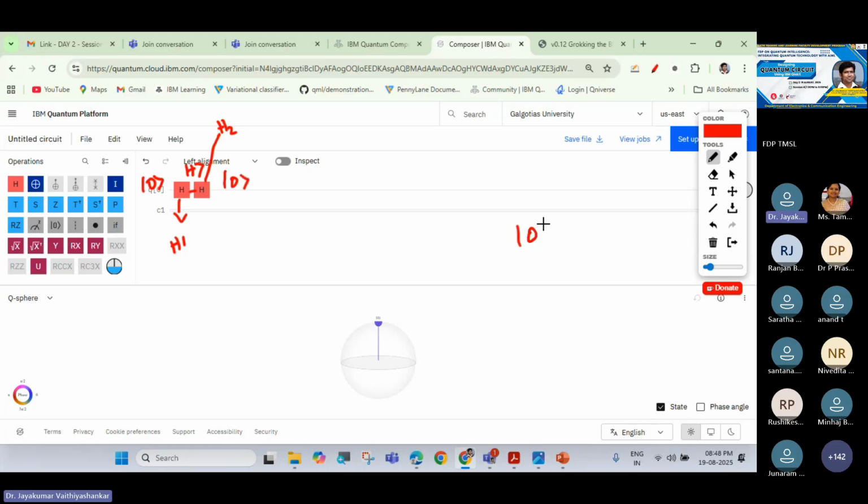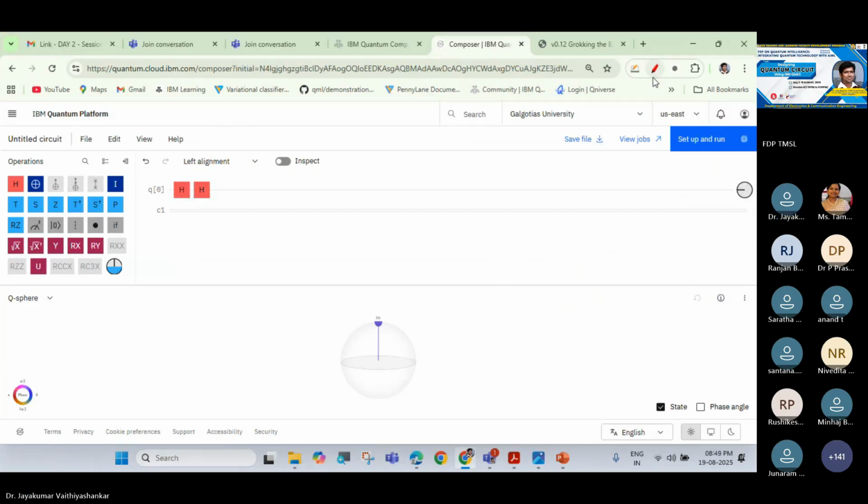So I will denote it this way: state 0, Hadamard gate, it goes to the plus state. Again, if you apply Hadamard, it goes back to state 0, the original state. So applying 2 Hadamard gates will cancel each other.